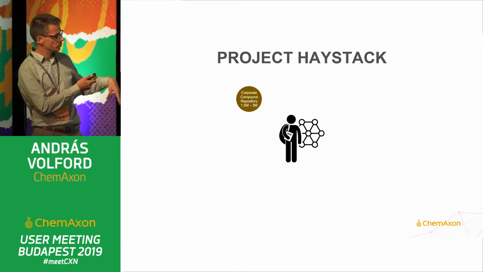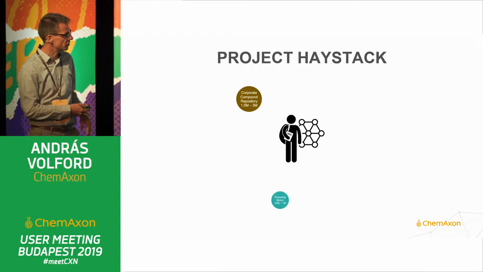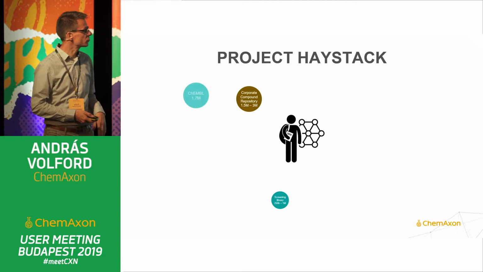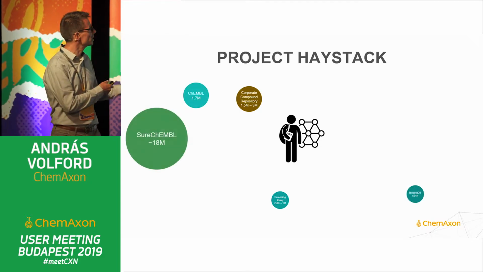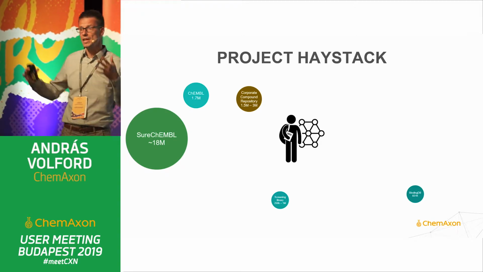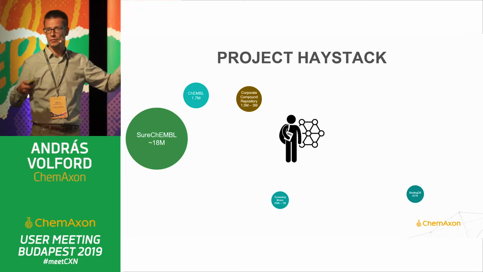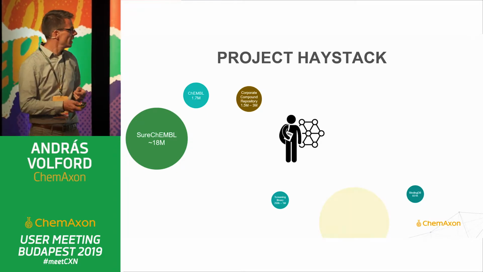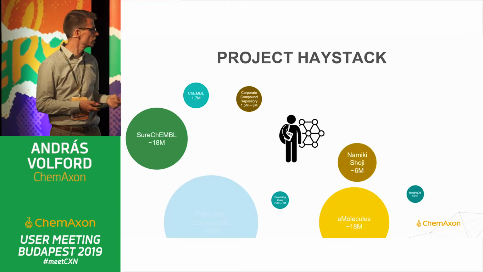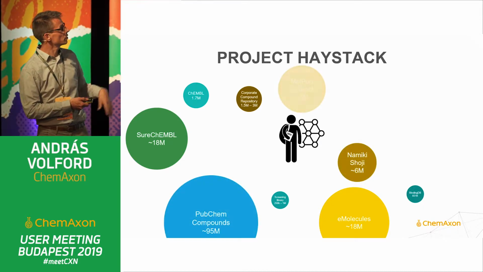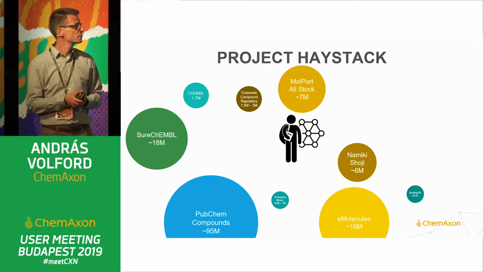So you have your compound repository with, let's say, 3 million structures, your internal screening library, again a few million structures, and then you go with some external databases like ChEMBL or BindingDB, where you have some biological information, SureChEMBL, where you have the IP information, and you may want to use eMolecules, Namiki-Shoji, PubChem, and also Molport for compound databases, compound sources.